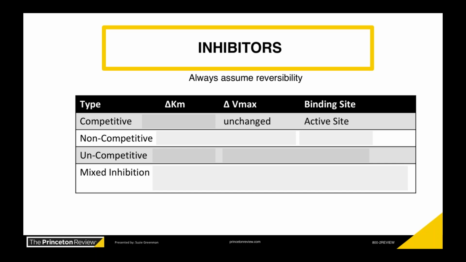Sometimes my substrate will get into my binding site and an inhibitor, the competitive inhibitor, might push that substrate out. So that means that my affinity is going down. And if my affinity goes down, my Km goes up. Awesome. Okay. So my Km goes up, my Vmax is unchanged, and I know that my binding site is active. So what does this look like on a graph?